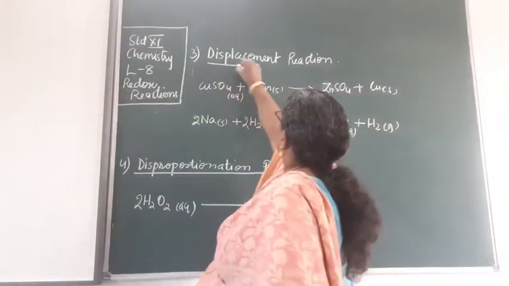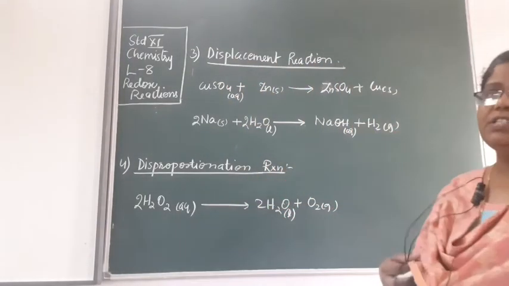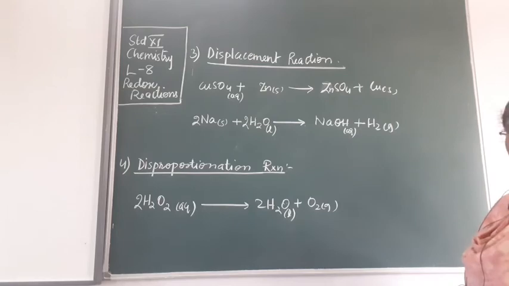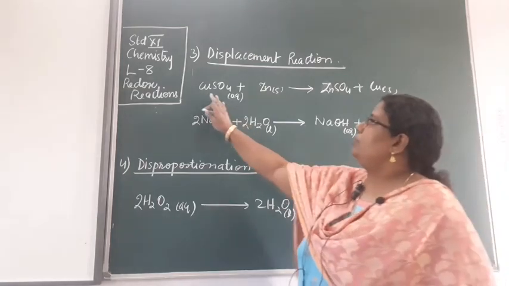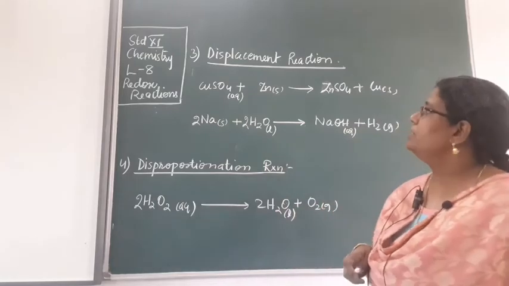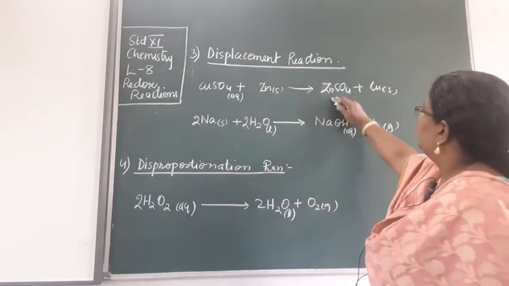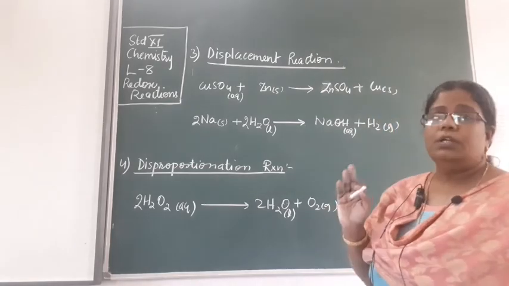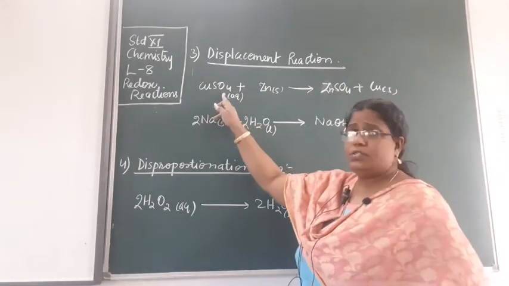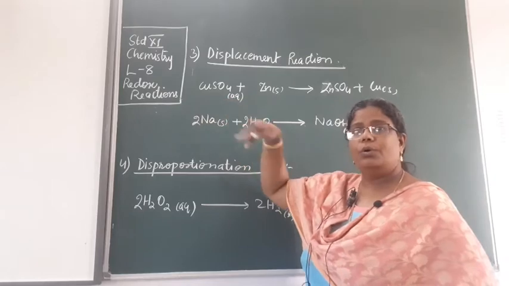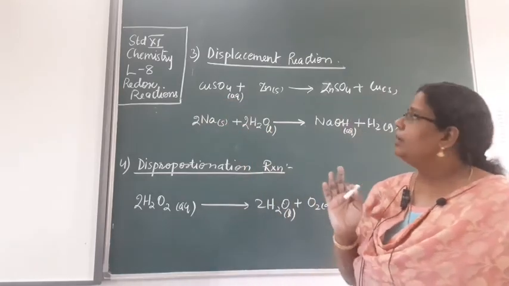The next kind of redox reaction is displacement reaction. Now displacement reaction means, see, you observe this reaction, what is it? CuSO4 plus Zn gives you ZnSO4 plus Cu. CuSO4 में से Cu को displace किया गया, by whom?